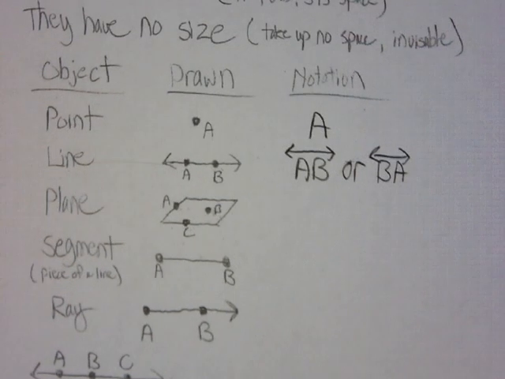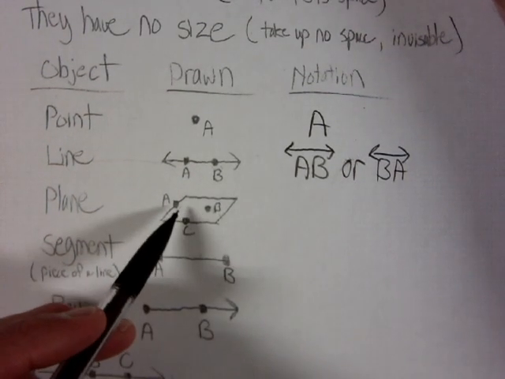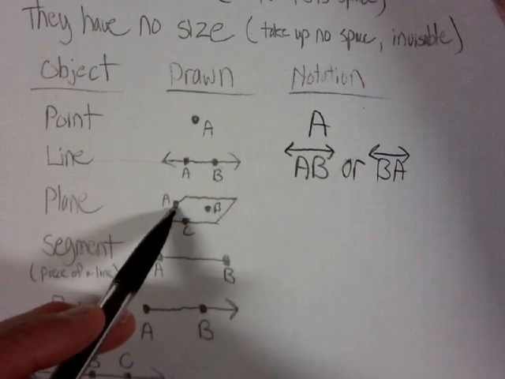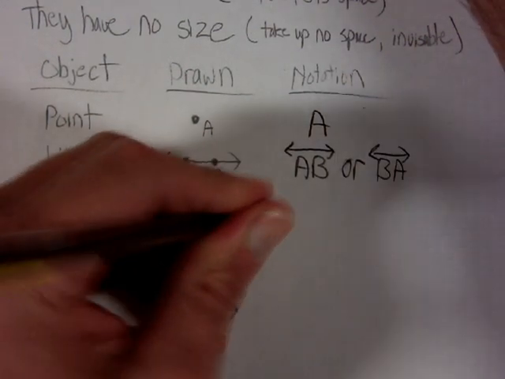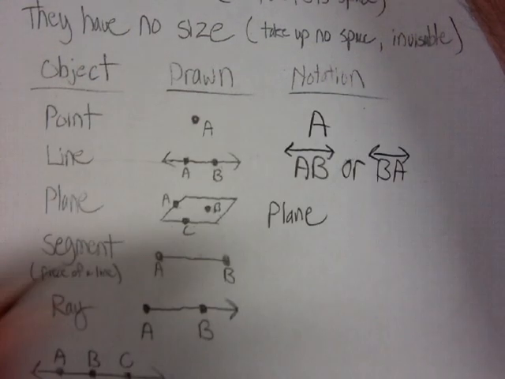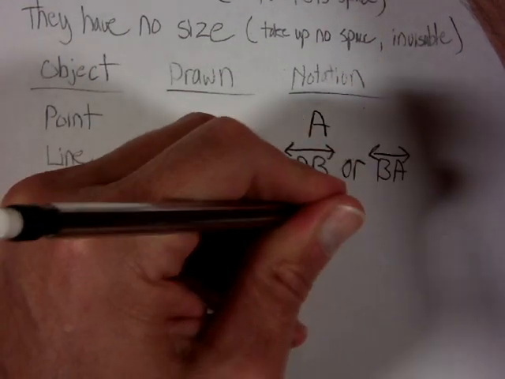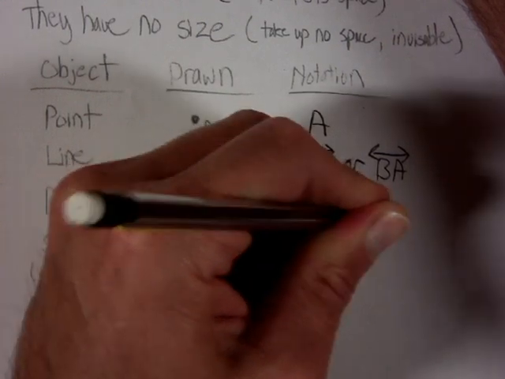Now, when you go to name a plane, it takes 3 points that are labeled on the plane. You use the letters of 3 points that are labeled on the plane. There's no symbol for plane, so you just write the word out, plane, and then you must use 3 letters that are labeled on the plane. In this case, we can call it plane ABC.